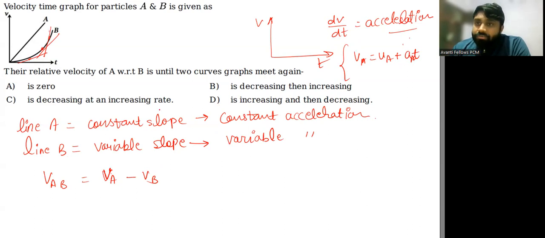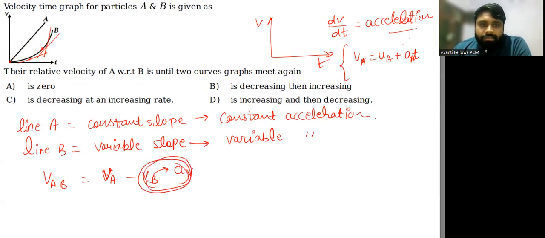But line B is not following any uniform motion equation because it is varying in nature. Before they meet, they have started from rest, which means the initial velocity of both is zero, and then they have accelerated. Now, the velocity of B depends on the variable acceleration. So what will happen?